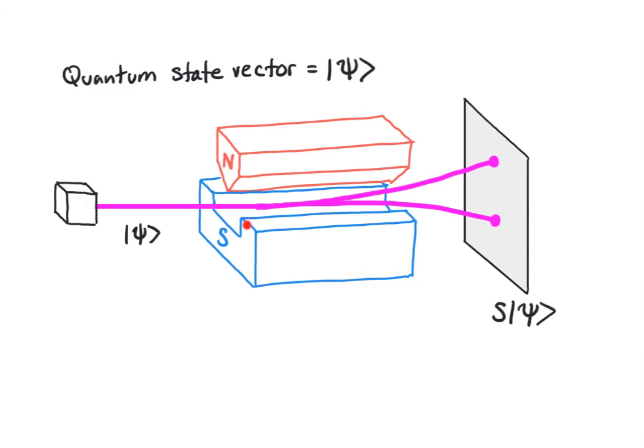That gradient of a magnetic field causes the wave function or the state of the particle to split into its two different components of spin along the axis, the measurement axis of our device. And the screen itself is really what constitutes our measurement. Until we actually measure whether the particle hits the screen here or whether the particle hits the screen here, our best description of this particle is a superposition of the two.